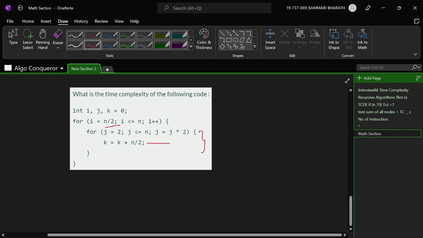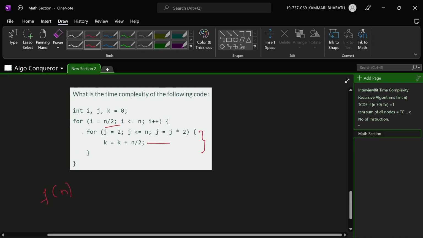And this loop, how is it going on? Is it dependent on I? No, it's not. So you directly calculate for this loop first. How many times does this loop execute? And after you calculate this, you multiply with the outer loop so that you get the resultant answer. Now let's calculate this.